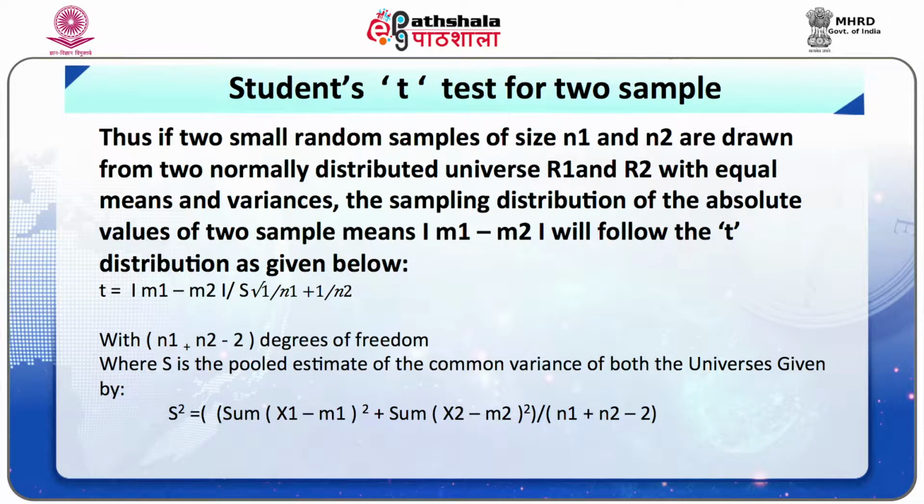Thus, if two small random samples of size n1 and n2 are drawn from two normally distributed universes, say R1 and R2, with equal means M1 and M2, here we are presuming equal mean and common variance, the sampling distribution of the absolute difference of the two means, |M1 minus M2|, will follow the t distribution when the t ratio is given as shown here.